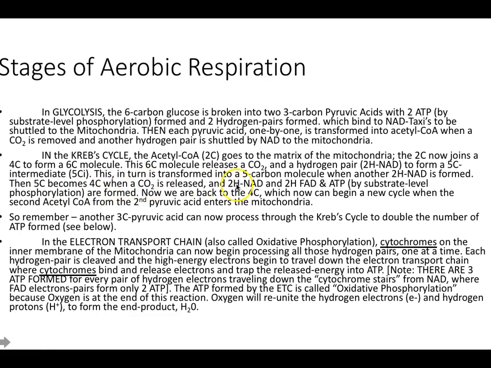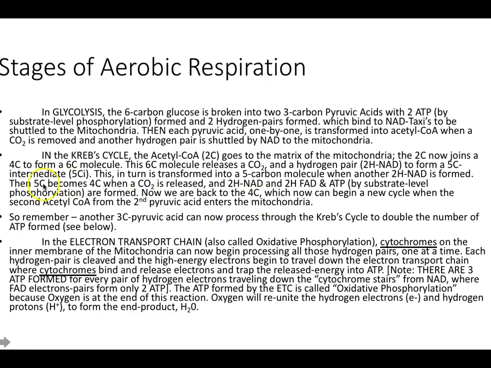You take 2 hydrogens and taxi them by NAD, 2 hydrogens taxied by FAD, and you make 1 ATP by substrate level phosphorylation. Now we're back to 4-carbon, and we can begin a new cycle when the second acetyl-CoA from the second pyruvate or pyruvic acid enters the mitochondria.